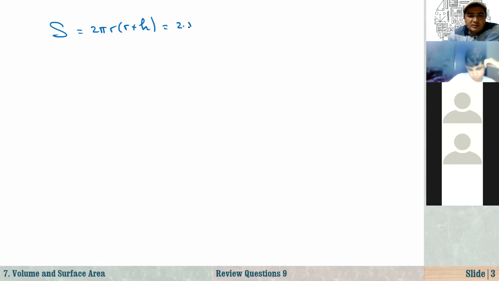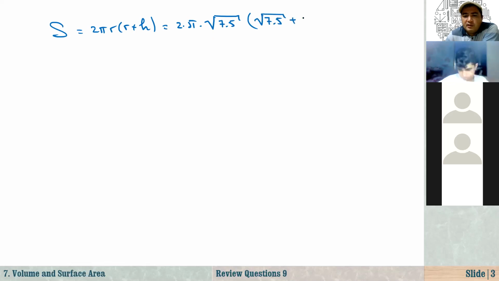And 2 times pi times, what is the radius? The radius we just found, square root of 7.5. And r plus h, that is square root of 7.5 plus h, what is h? h is the height, that's equal to 4.